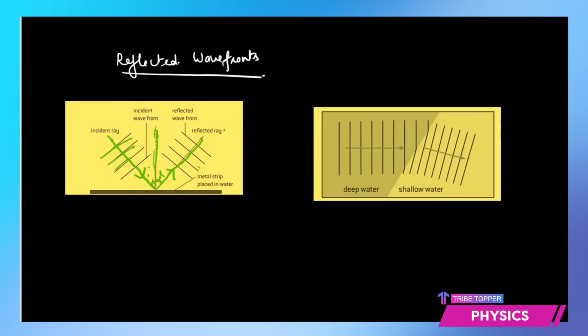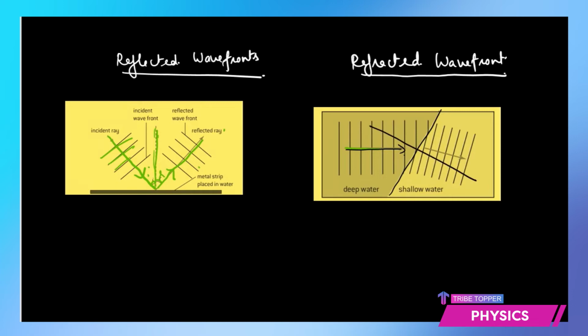Now, what about the refracted wavefronts? The rule is still the same. I would suggest first drawing the rays, the incident ray and the refracted ray. Now, as you can see here, this is deep water where the water runs very fast. You can say this is the surface, and to this I'll draw a normal.